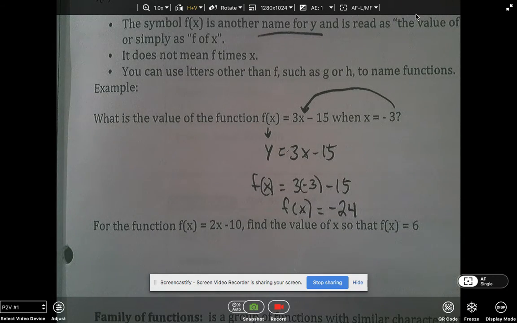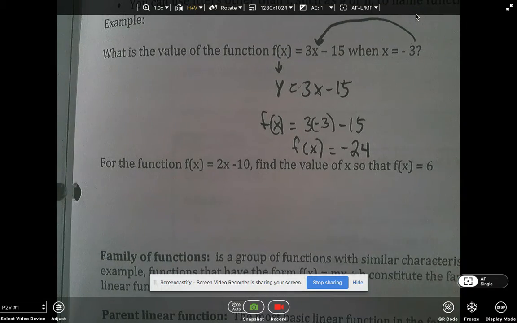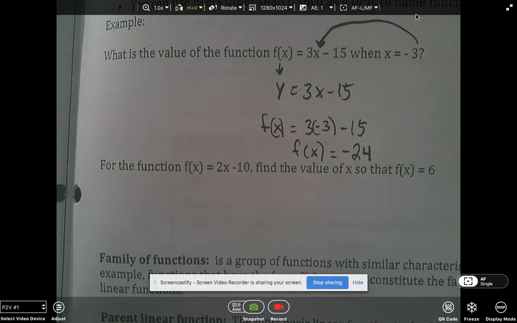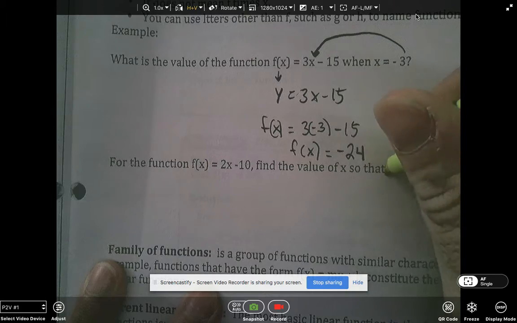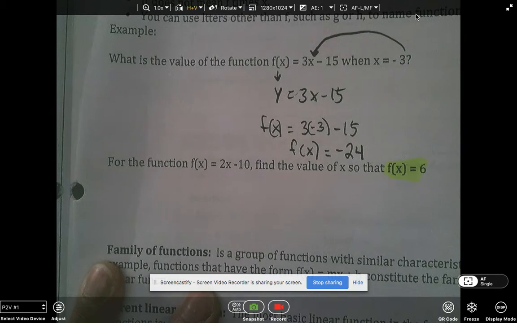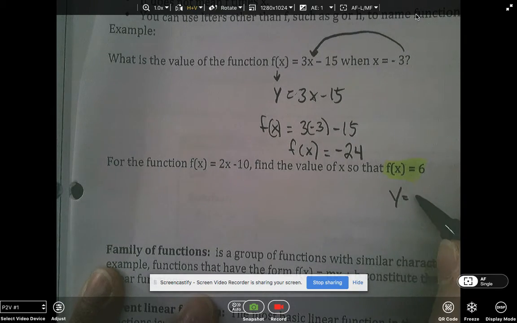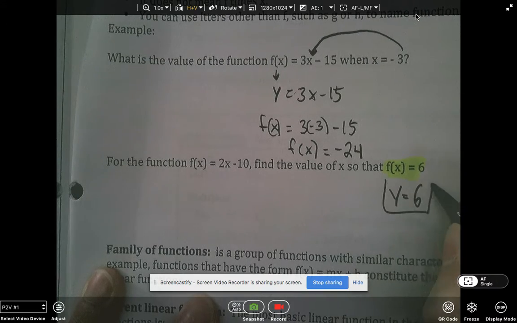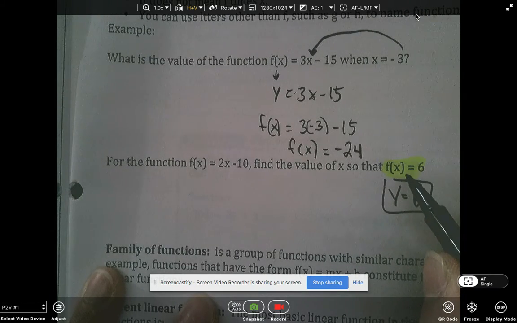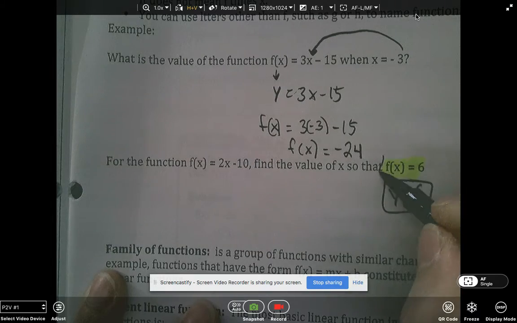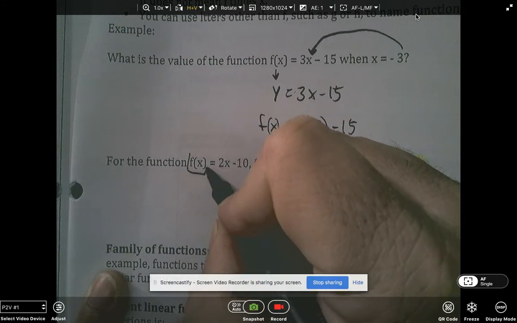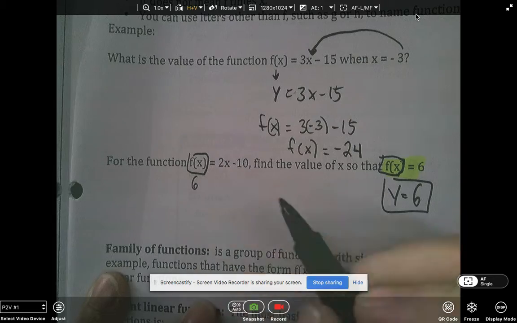The other thing that they'll sometimes do is give you f of x equals 6. In this case, they're telling you that y equals 6, so they want you to replace your f of x with the number 6.